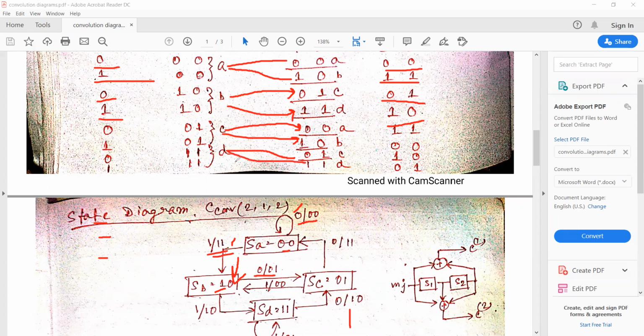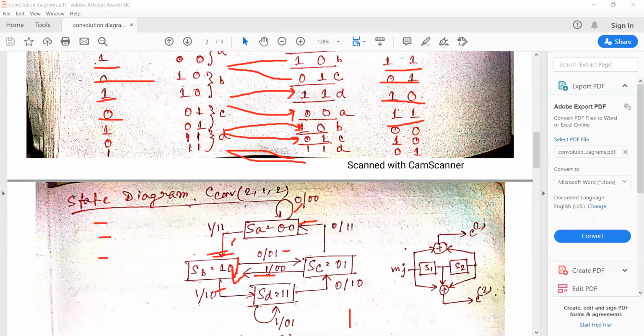So for D, you can see that there is a possibility of using the self loop, because the present state is D and its next state is also D. So there is a possibility when the input is 1 and output is 0, 1. So here I'm using this self loop.